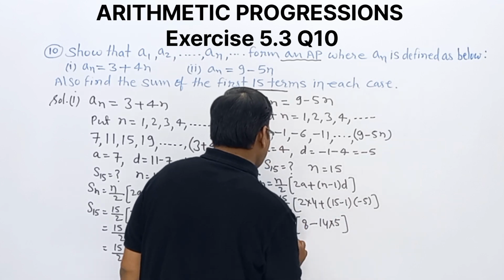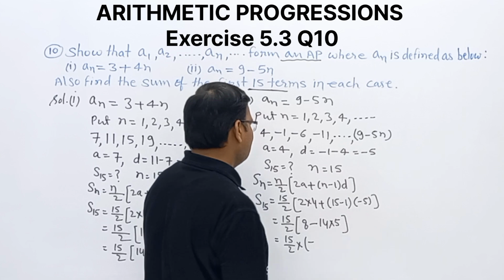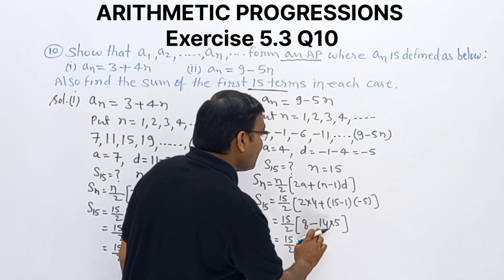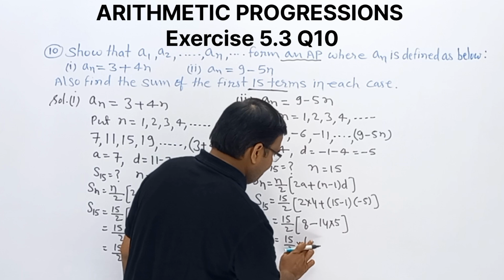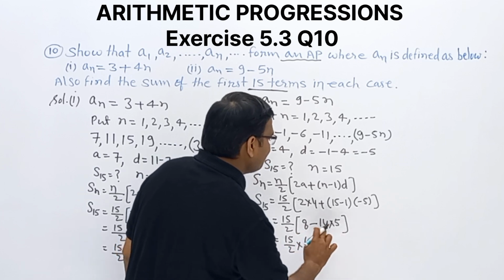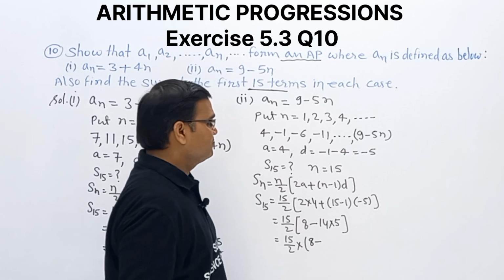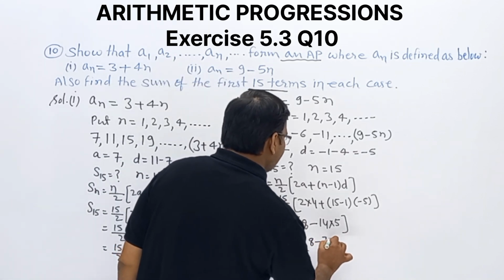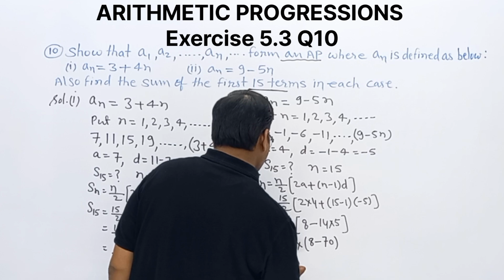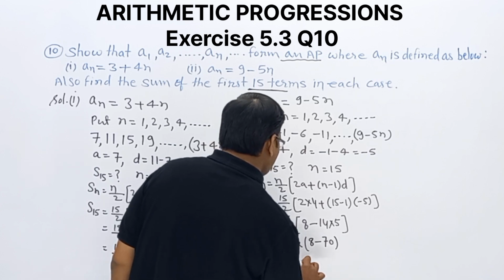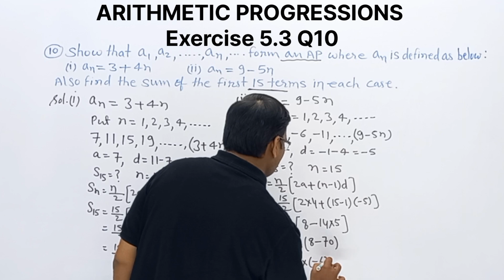So what we are getting? 15 by 2 into minus, 8 minus this one, step I am writing also, 8 minus 14 fives. 14 fives will be 70. Solve this one. This can be written as 15 by 2 into minus 62.